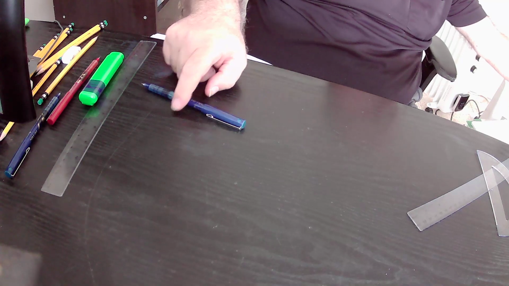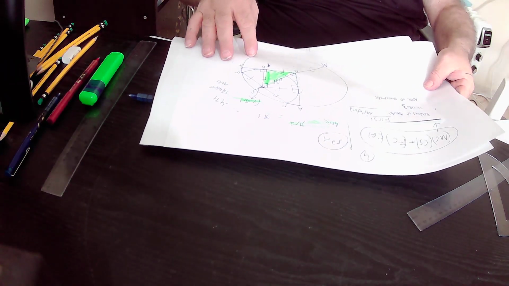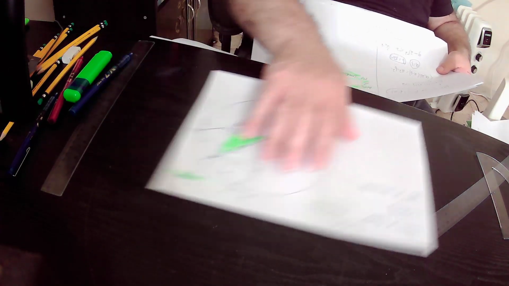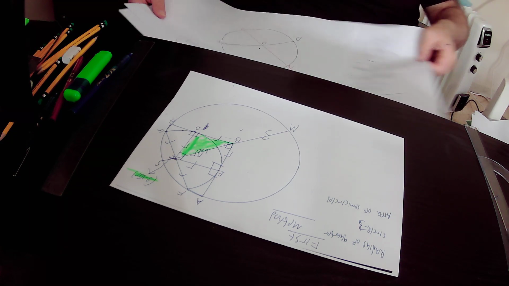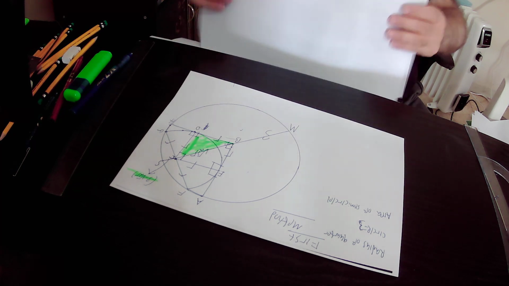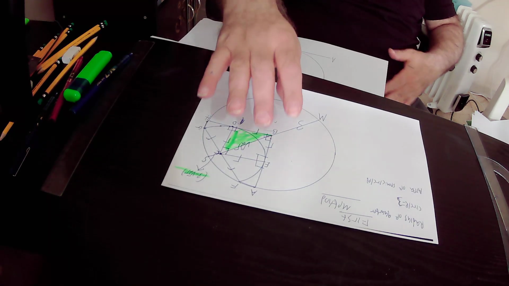We'll start with the first question. In this question, we have a semicircle that is inscribed by a quarter circle.